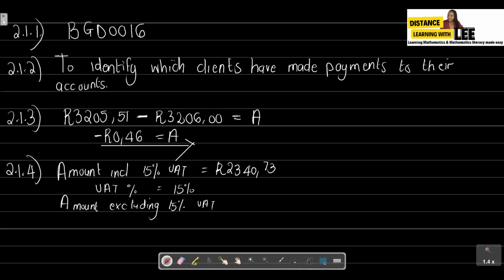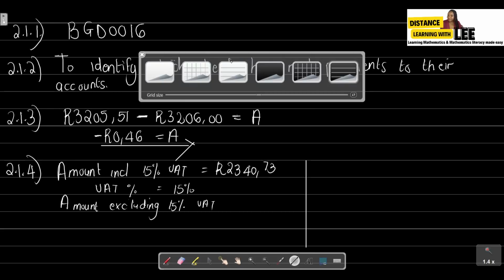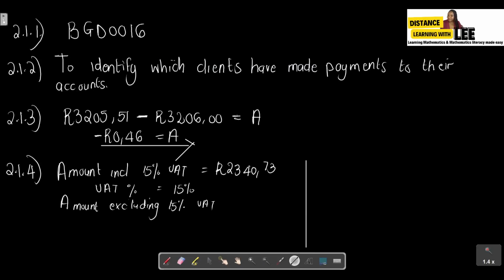It's very important in this question that we note what we want and what we have. We want the amount excluding VAT. Always remember that the amount that includes the 15% VAT is equal to 115%, because that amount is the 100% plus the 15% VAT.